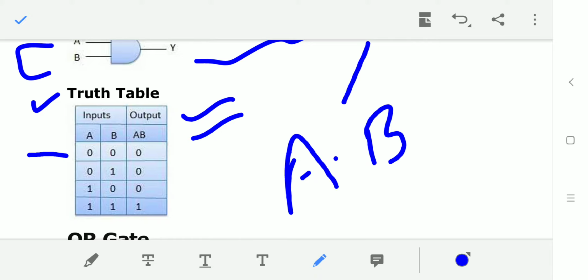If A is true and B is false, then output will also be false. If both inputs are true, then output will be true. In this case, we see that if both A and B values are true, then output will be true, otherwise it will be false. Clearly?